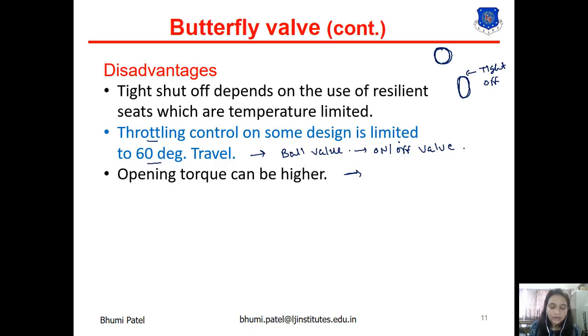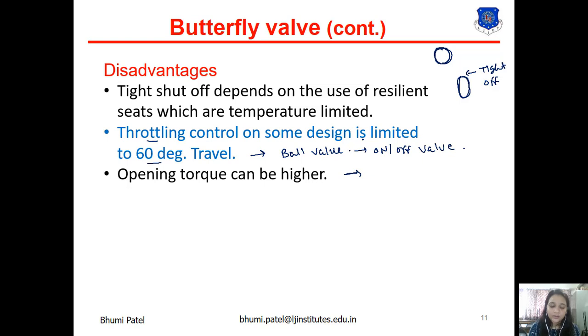So this is the butterfly valve, and you can see that it is very important for flow control, and it is an on-off valve. Now in the butterfly valve we always use a manual actuator for the controlling application. We cannot use an automatic or electrical actuator in the butterfly valve.